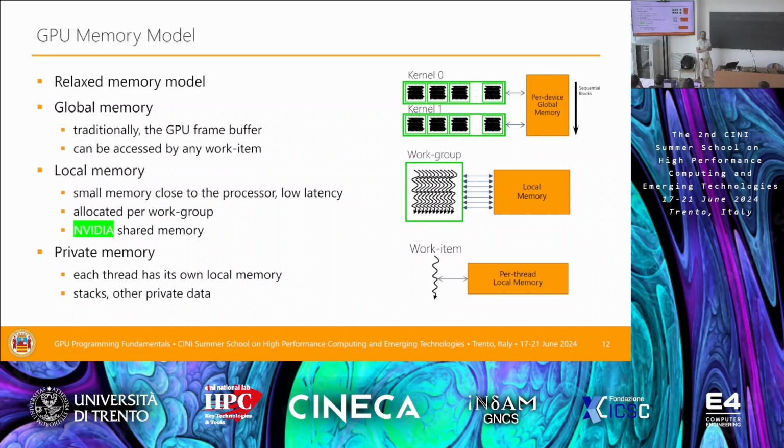This is key for performance; if you can use it, it will give a tremendous speedup. And finally, we have private memory, which is local to the work item. So this was just a 15 minute introduction to GPU architecture, but let's see how to program it.